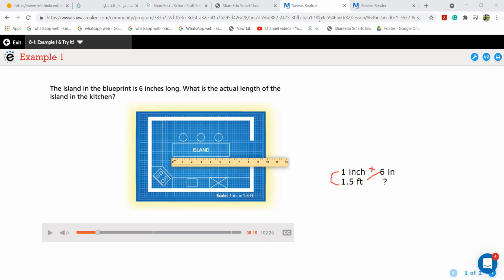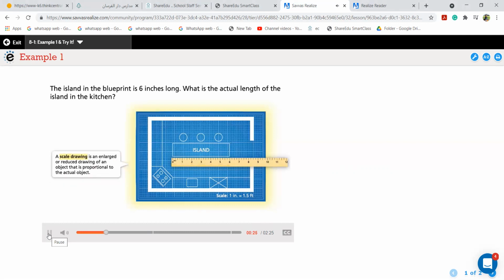Very simple questions, girls. That means if I give you this question and this picture in the exam, and if I ask you, 1 inch is 1.5 feet, for 6 inches it is how much? It is 6 times 1.5. 6 inches long. What is the actual length of the island in the kitchen?